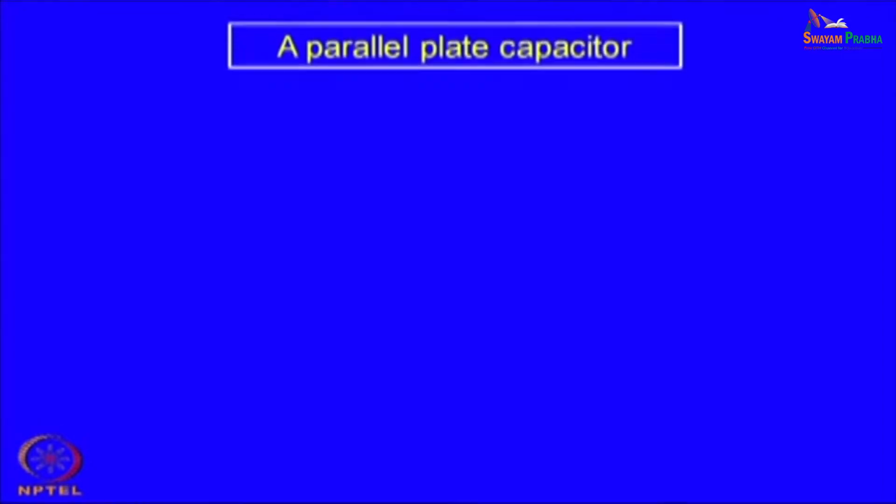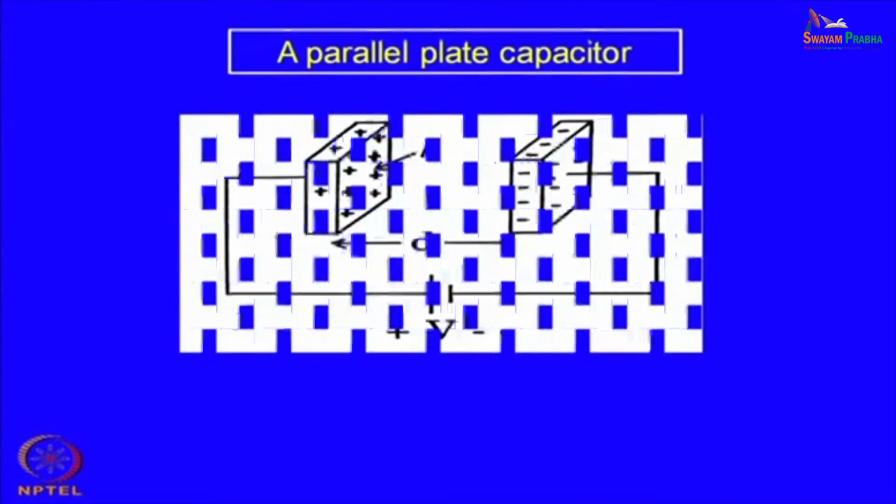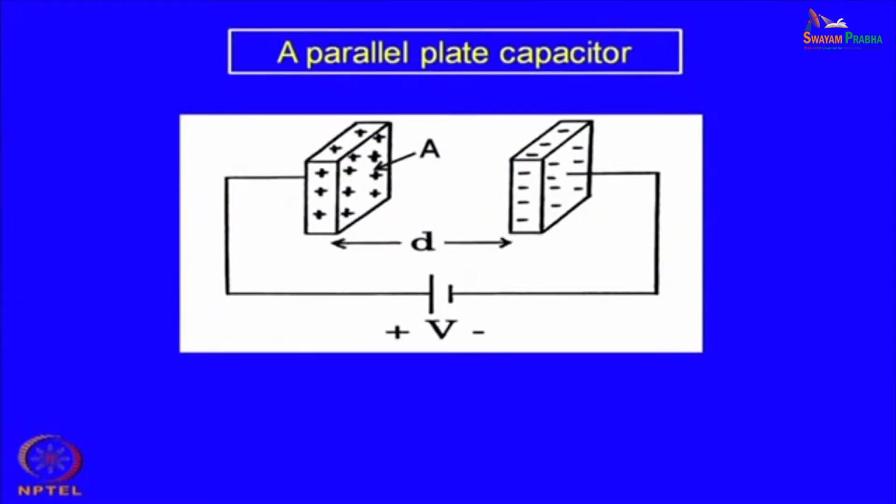So, we are talking about basically different kinds of insulators, and one of the best ways to understand what happens when an insulator is under an electric field is to look at a capacitance or capacitor. A capacitor is a very simple device where you have two metal electrodes, one is positively charged and one is negatively charged, and in between you have a gap, and that gap may be filled up with an insulator.